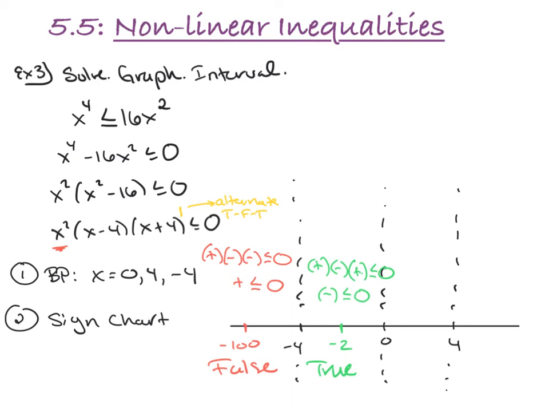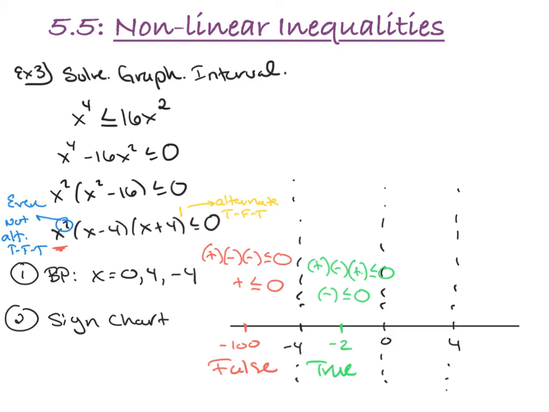you can take a look at whether it alternates or not. Looking at x equals 0, by the way, that came from this factor, the x squared. And since that factor is even, it will not alternate. True, false, true.